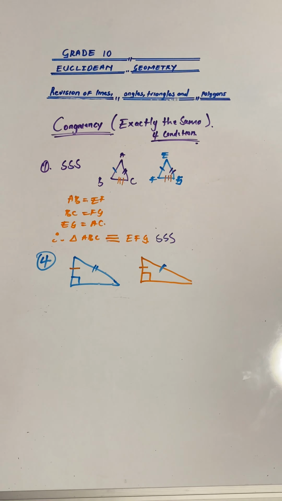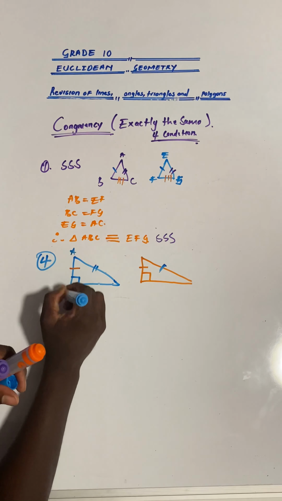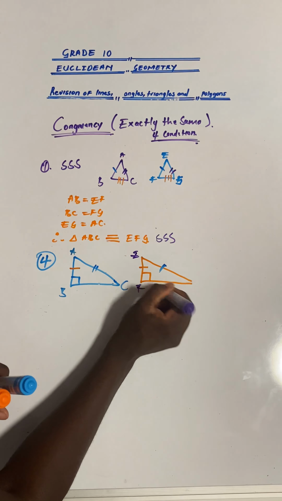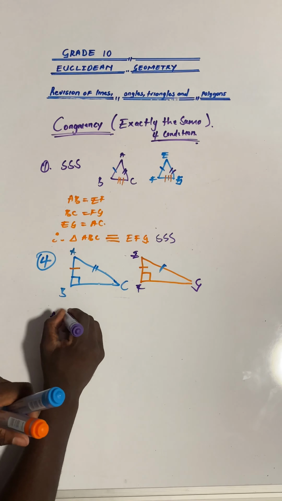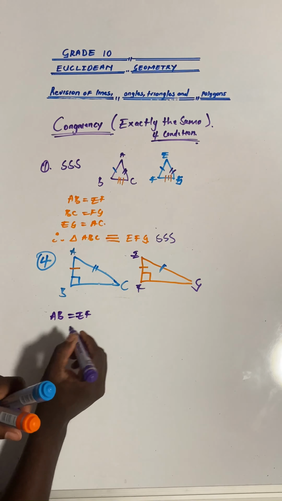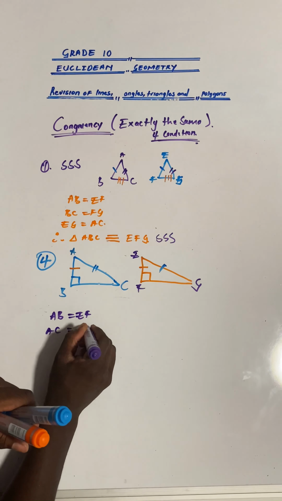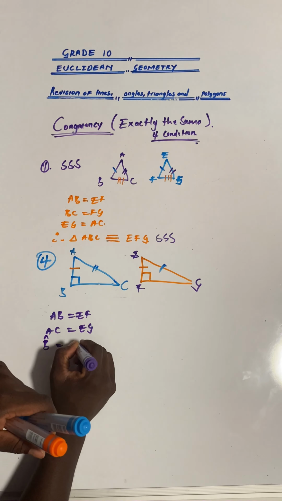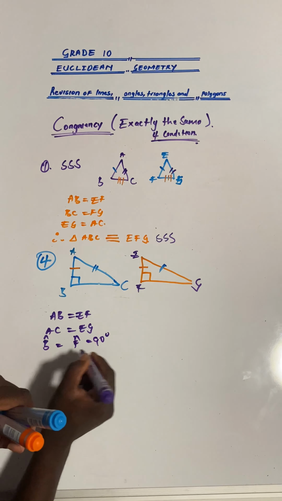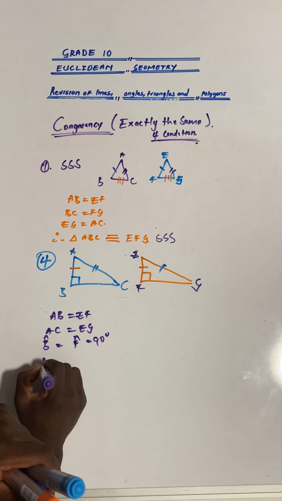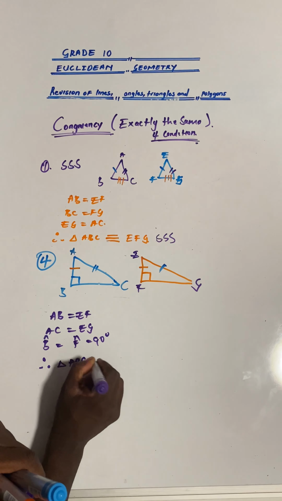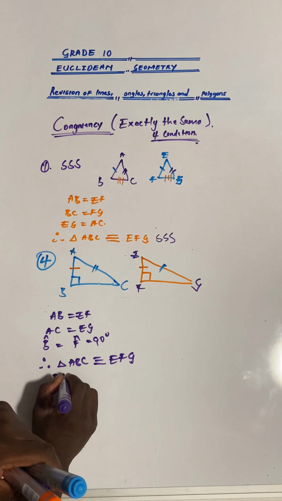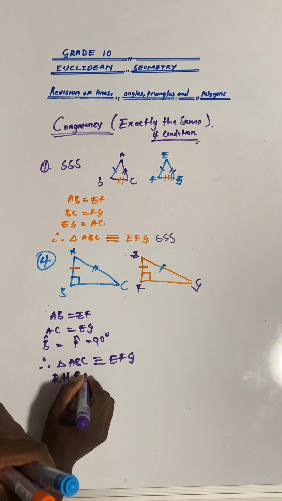So here we can just say if this was A, B, C, and this was E, F, G, AB is equals to EF, and AC is equals to EG. Then finally we can say that angle B is equals to angle F, which is also equals to 90 degrees. And what we can say from there is that therefore triangle ABC is actually congruent to EFG. And what will be the reason? Right angle, hypotenuse, side.